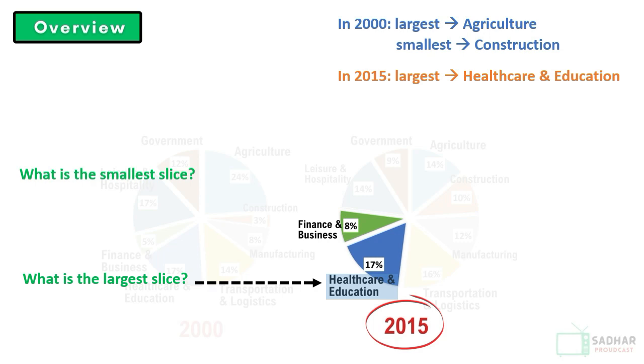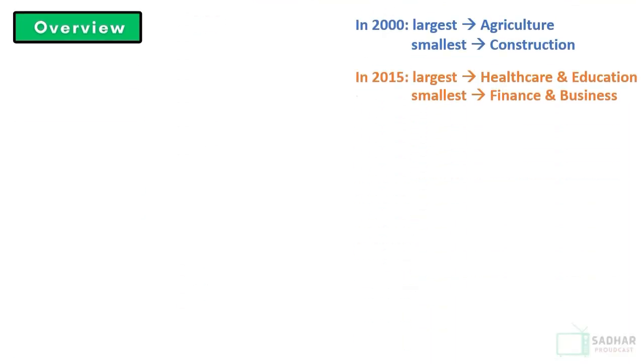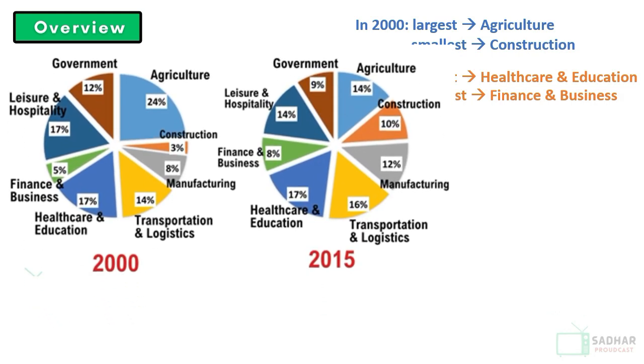What is the smallest slice? Over there is only 8%, finance and business. Okay, we take note there, smallest, finance and business. It's done. Now we have this data.